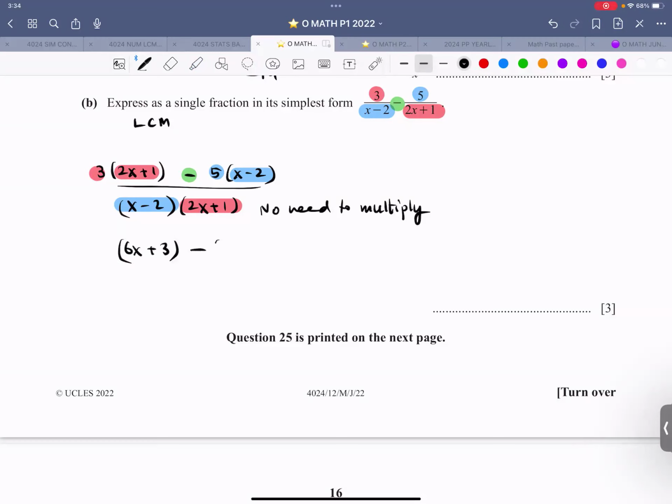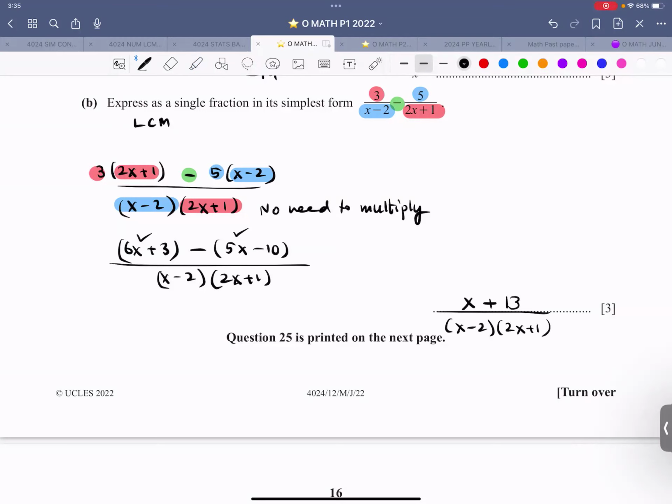Use brackets excessively. 5x minus 10 divided by x minus 2, 2x plus 1. So therefore, 6x minus 5x, which is x, and 3 minus minus 10, which is 13, divided by x minus 2, 2x plus 1, and that's how the answer is written.